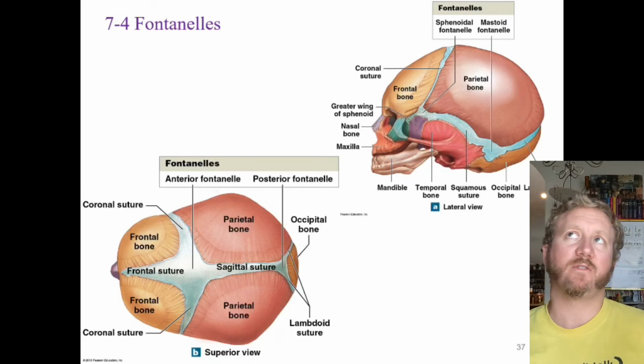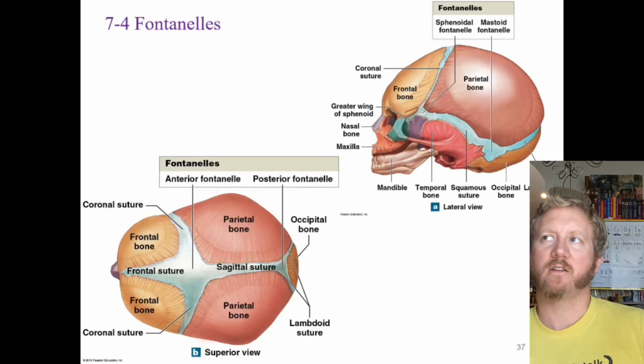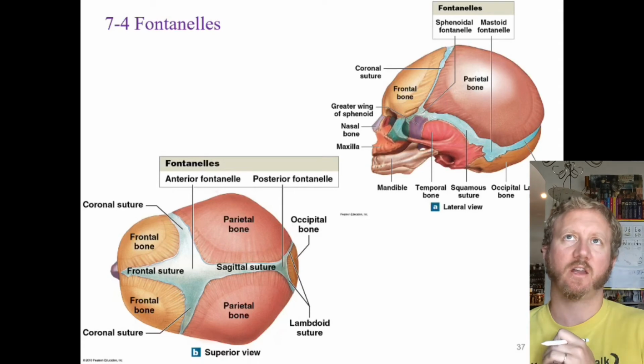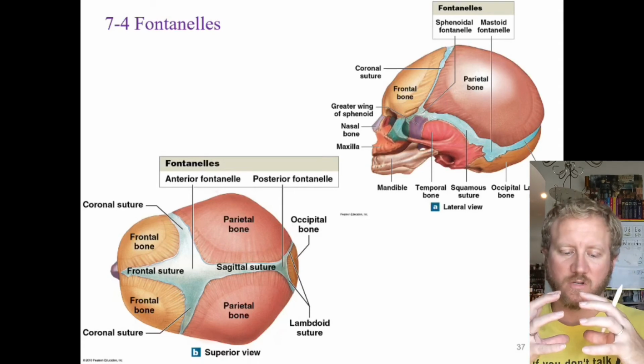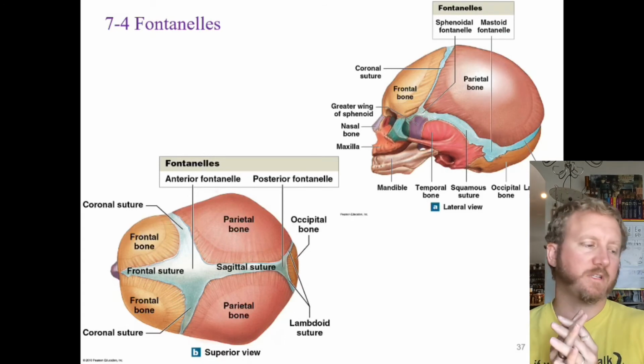That also allows an infant skull to grow very rapidly. Most of that growth going into adulthood, as far as the skull is concerned, is characterized by filling in those fontanelles with bone tissue.